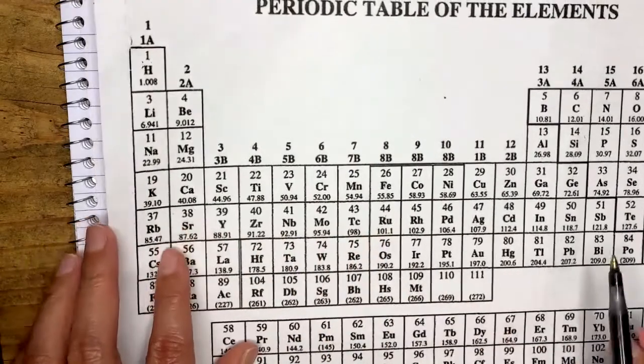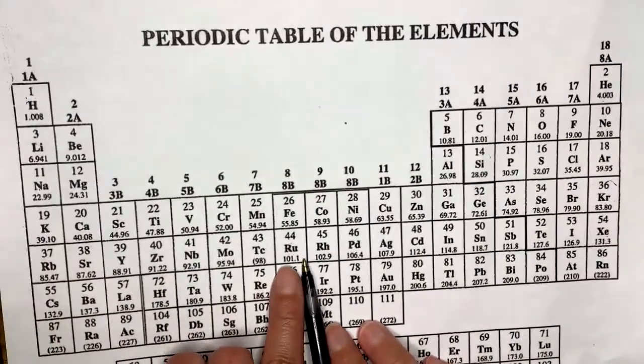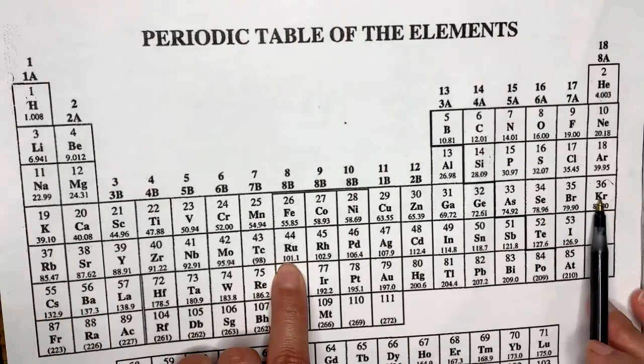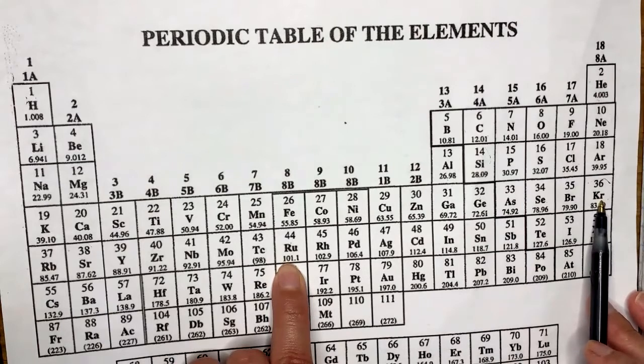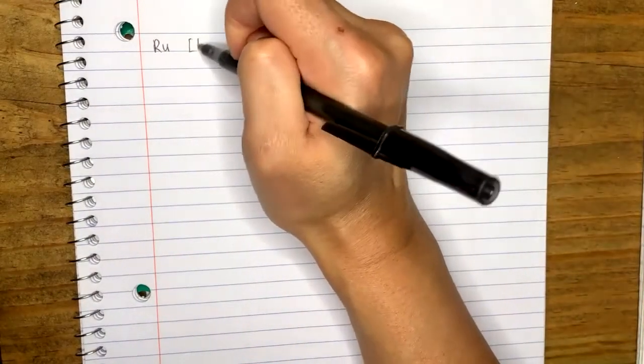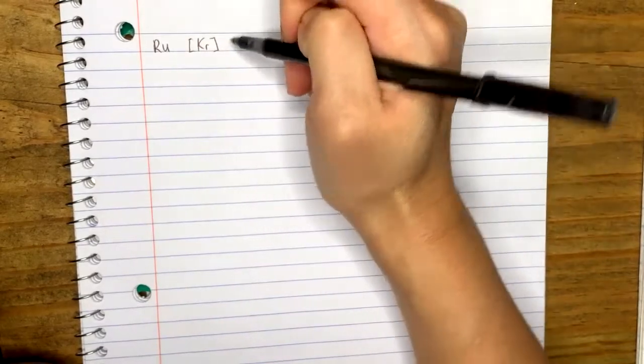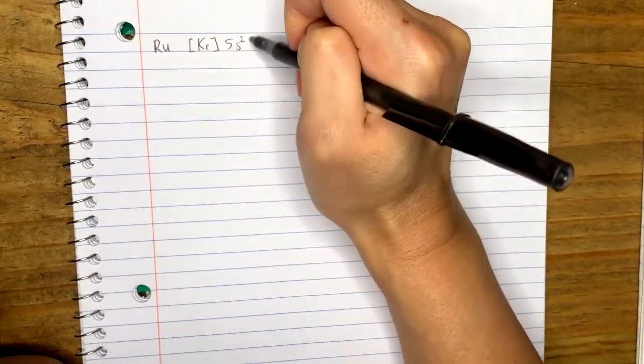So I can basically say ruthenium is everybody in krypton, which is 1s2, 2s2, 2p6, 3s2, 3p6, 4s2, 3d10, and 4p6. Everybody in krypton, okay? I'm going to write that out because I'm getting tired of writing the long list. So everybody in krypton, and then 5s2, 4d6, okay?